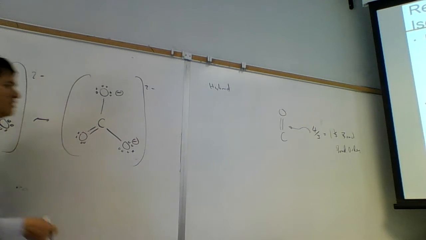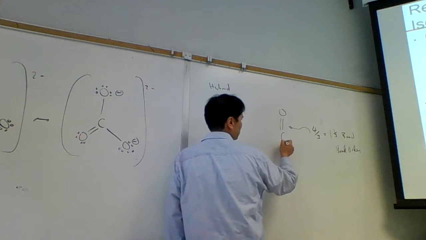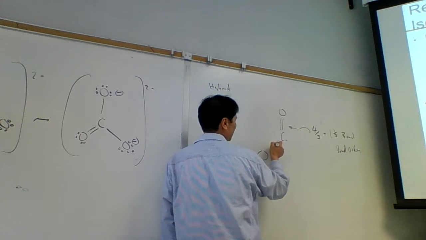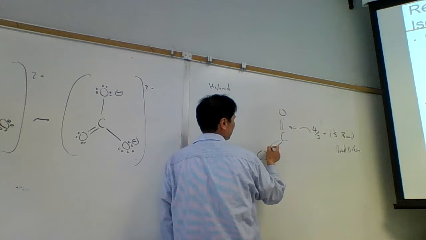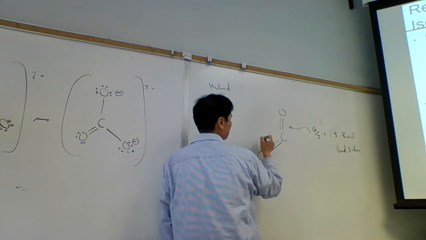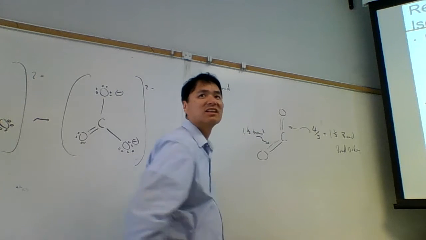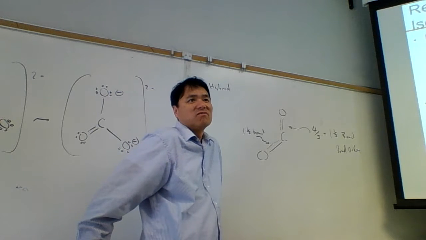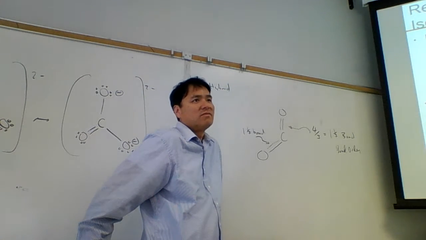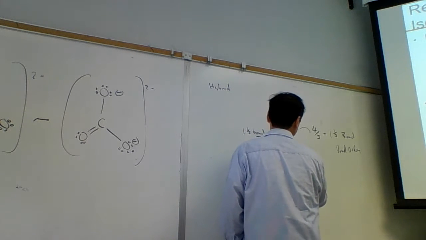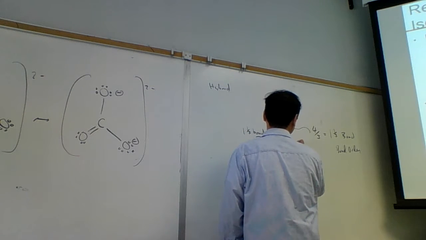The single's always there, and then we take the double and average it over 3. So this will be a 1 1/3 bond here. Is that what you guys got for this? Same thing here. It'll be a 1 1/3 bond.